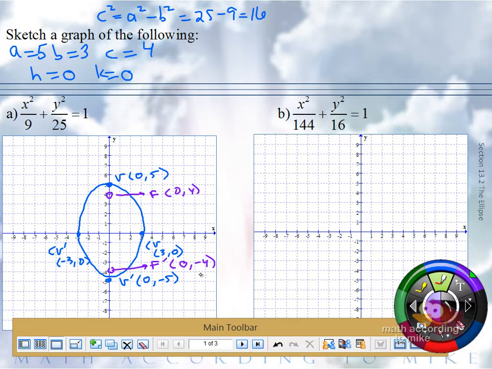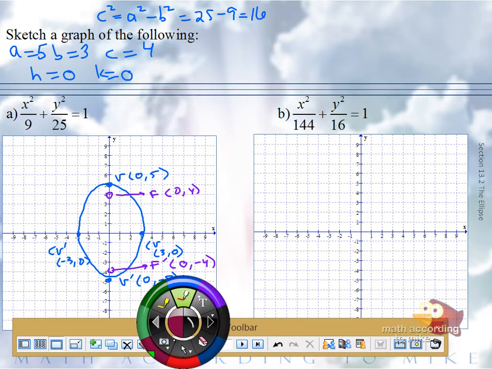Okay, let us do part B. I want you to find A, B, C, H, K. Give me an A. 12.